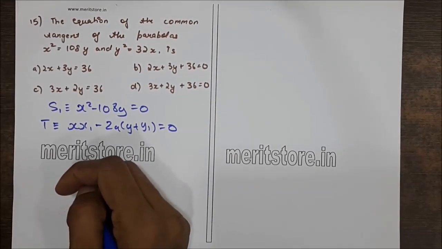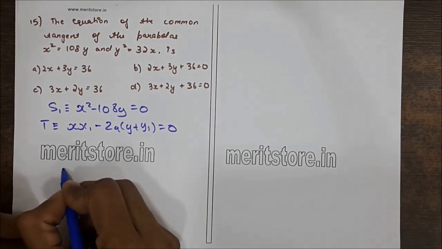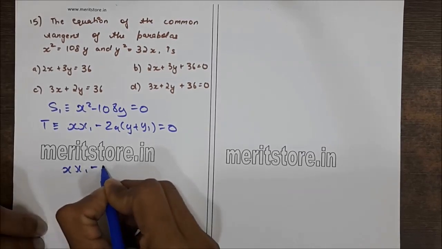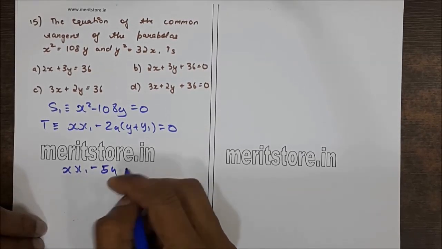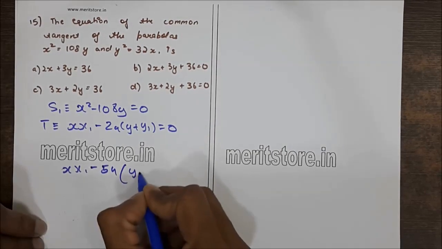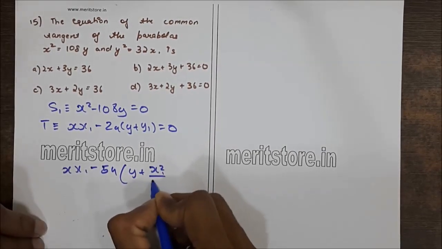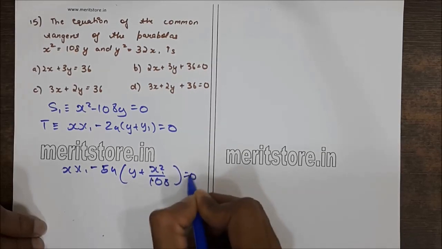Which we can substitute. We get x1 into x1 minus 54. We substitute the value of a, and we can write this as y plus x1 square upon 108 is equal to 0.